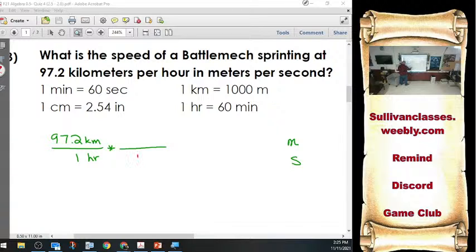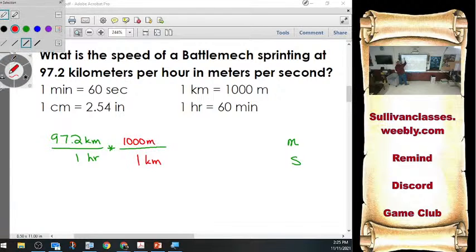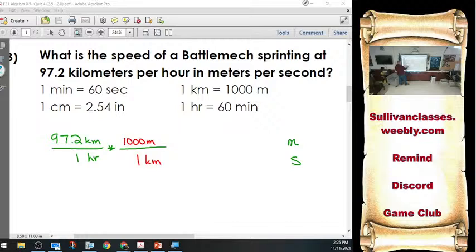That's right. I want 1 kilometer here and 1,000 meters here. That way, my kilometers will cancel. Okay, cool. I'm now in, look at the top, meters per hour. I don't want to be in meters per hour. What do I want?